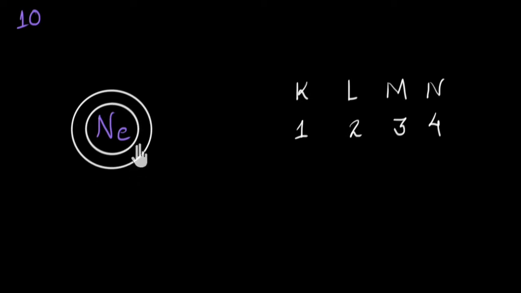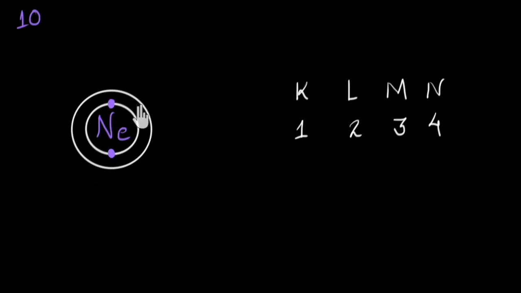The first shell, the one that is the closest to the nucleus, also called the K shell, has a maximum capacity of 2 electrons. That means only 2 electrons can be over here. So out of the 10 electrons, 2 occupy the K shell, meaning 10 minus 2, we have 8 electrons remaining.